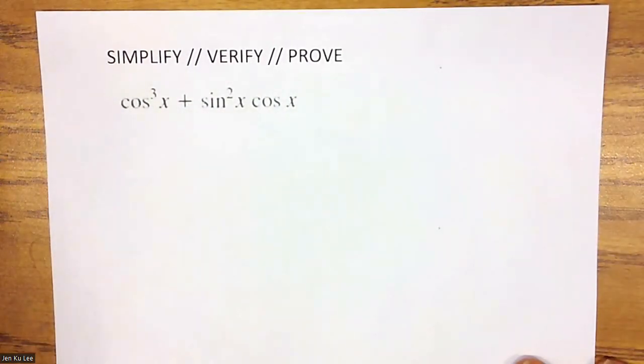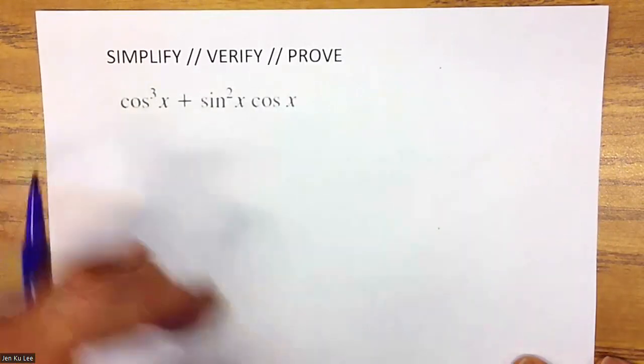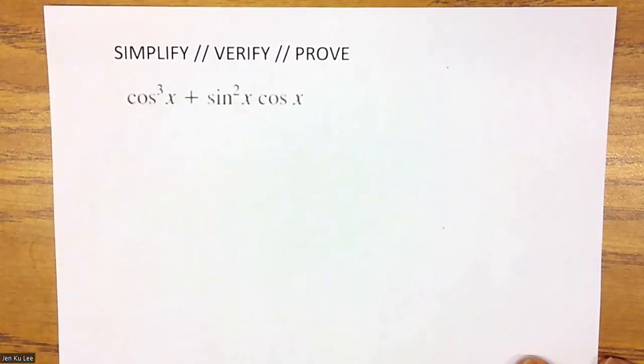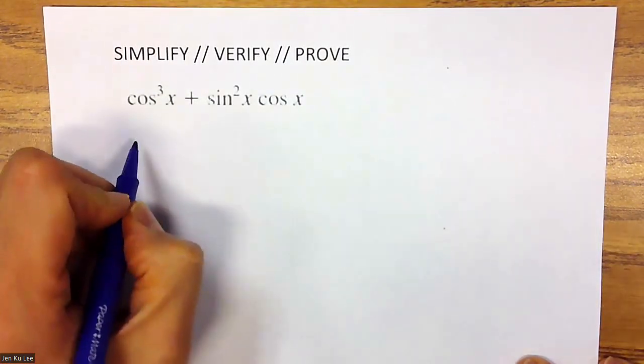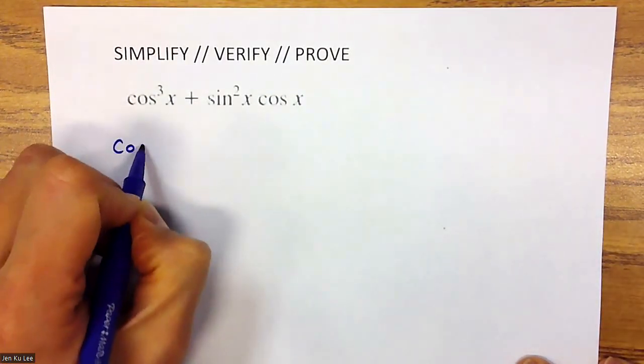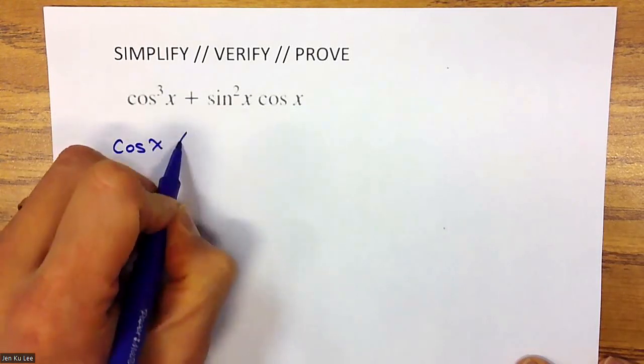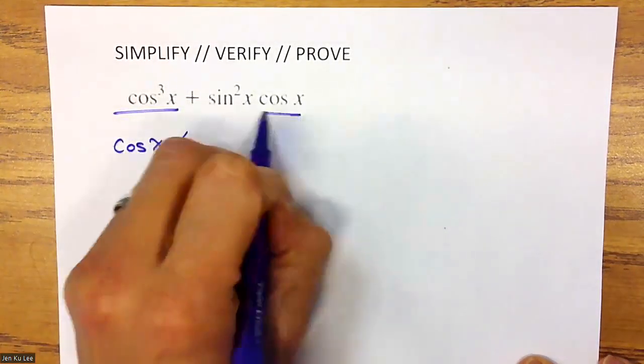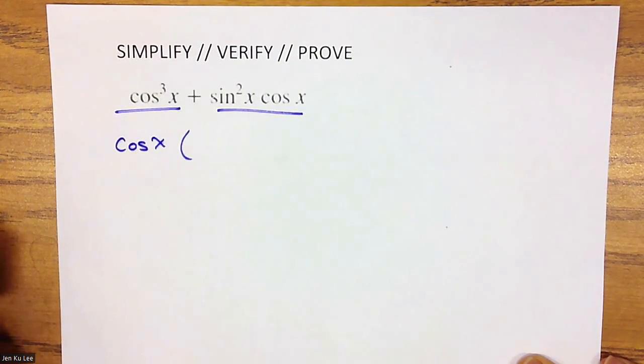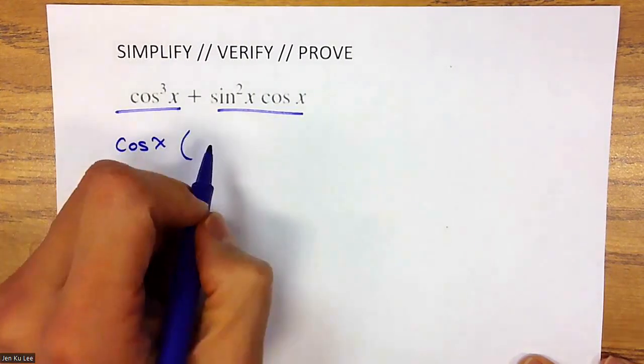So what I can do is I can use my algebra to factor out a cosine x, because between this one and this one, they have a cosine, right? That I can take out.